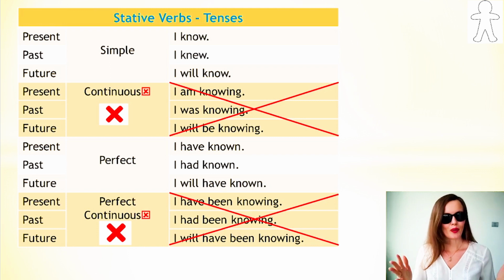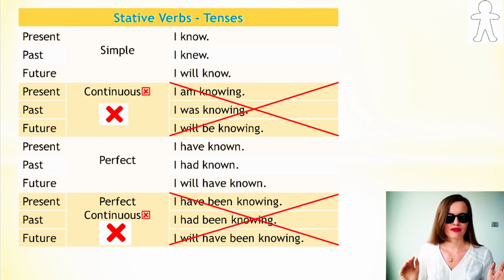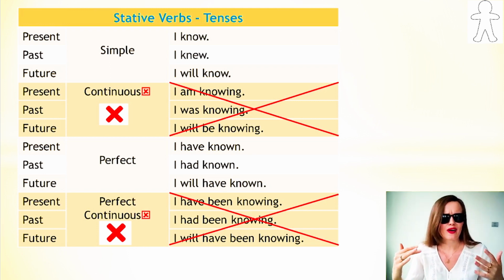Stative verbs can also be used in perfect tenses. Present perfect, I have known. Past perfect, I had known. Future perfect, I will have known. And we cannot use stative verbs in perfect continuous tenses. It would be wrong to say, I have been knowing, I had been knowing, I will have been knowing.